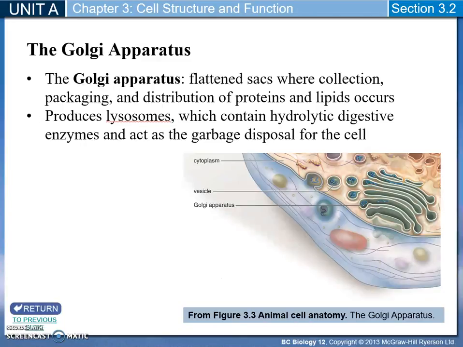These materials would be released upon the death of the cell. It also acts as the garbage disposal for the cell, so it will attach to the membrane of the cell and then empty its contents into the fluid that's outside of the cell.